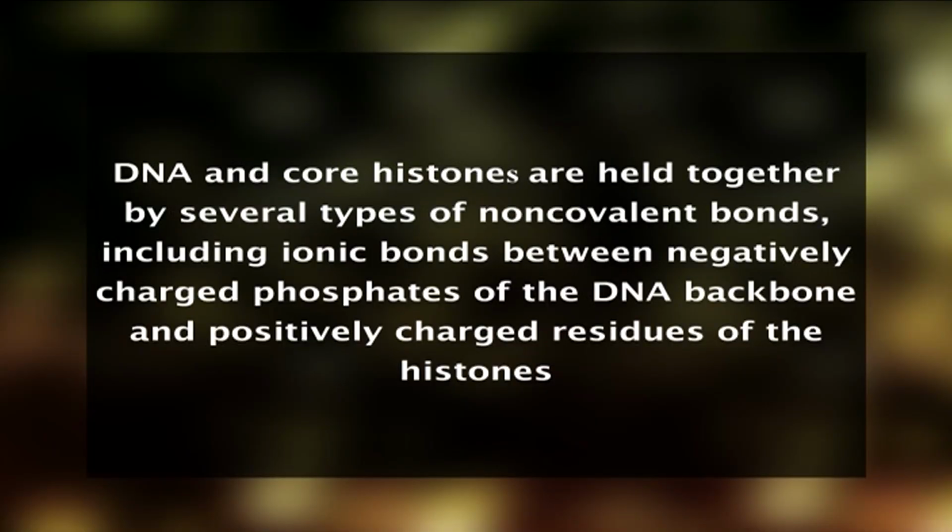In addition to the 4 conventional core histones discussed above, several alternate versions of the H2A and H3 histones are also synthesized in most cells. DNA and core histones are held together by several types of non-covalent bonds, including ionic bonds between negatively charged phosphate of the DNA backbone and positively charged residues of the histones.